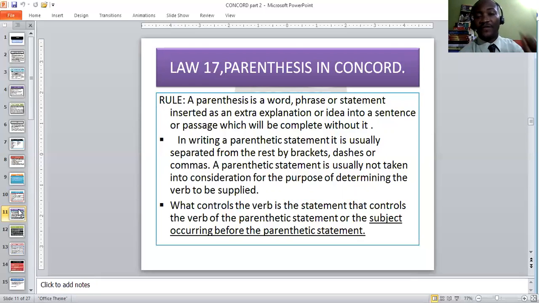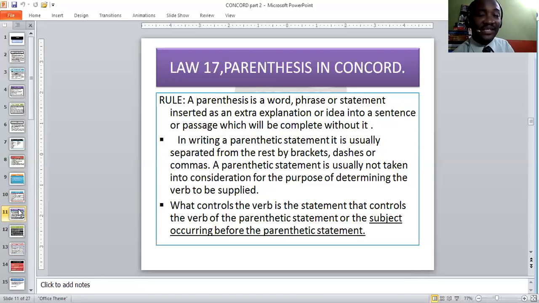What controls the verb is the main statement, not the parenthetic statement. What matters is the subject, the noun or pronoun occurring before the parenthetic statement; it will determine the verb.